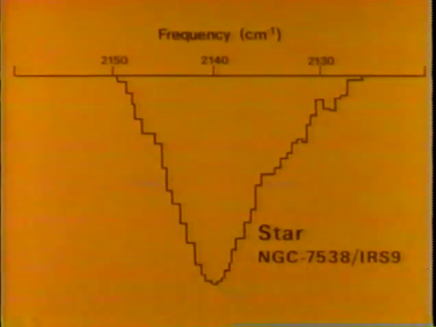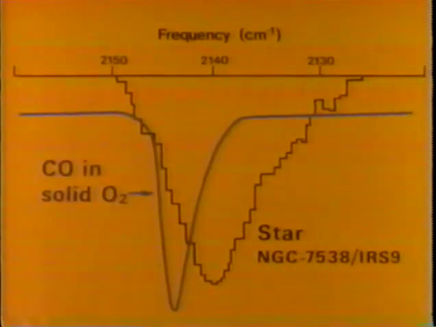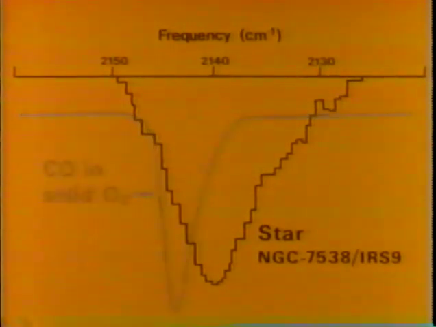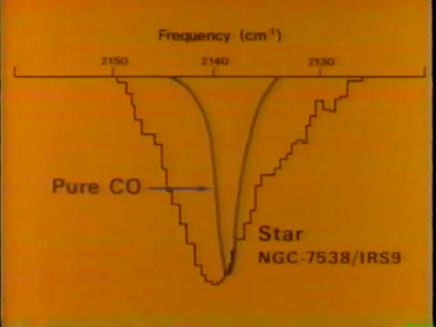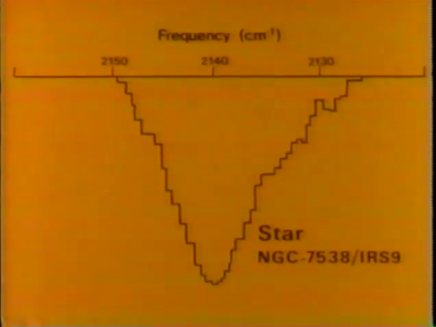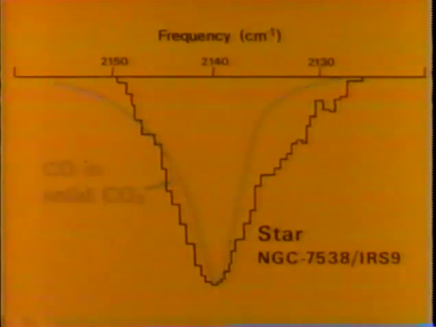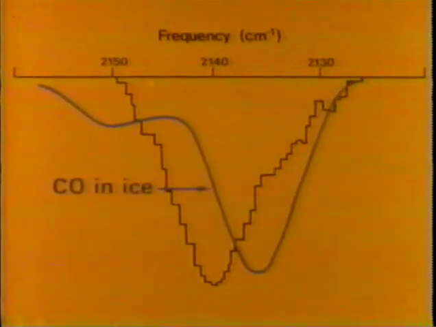Comparing the stellar spectrum with laboratory-produced spectra, it is plain that the dust grain cannot be due to CO in solid oxygen, nor can it be pure solid CO. In frequency, it pretty well matches CO in solid CO2, and the skewness suggests some contribution from CO in ice.